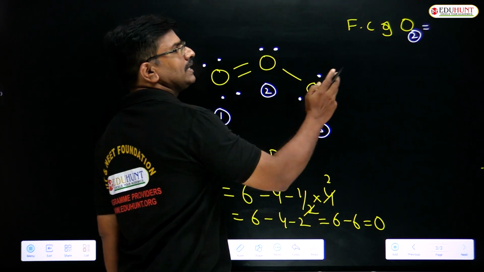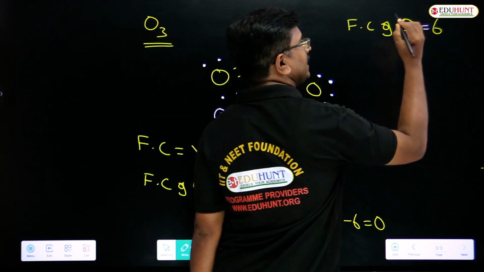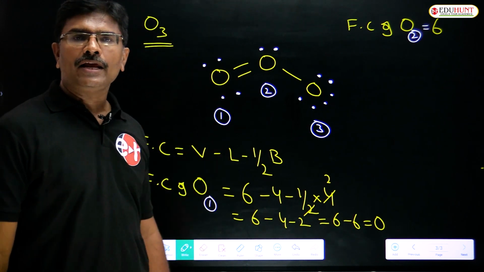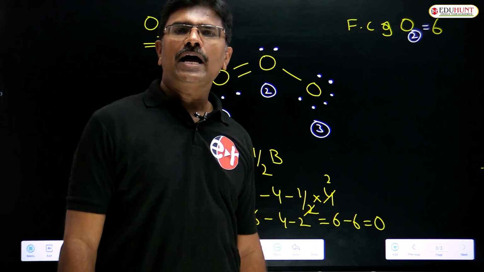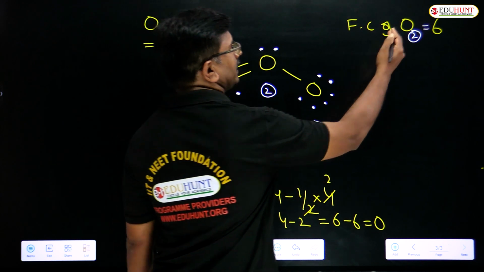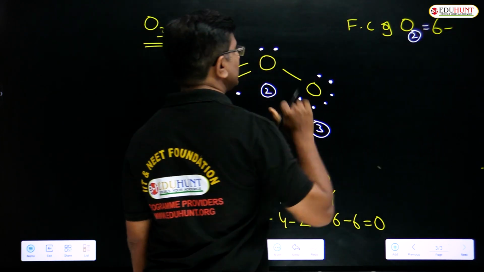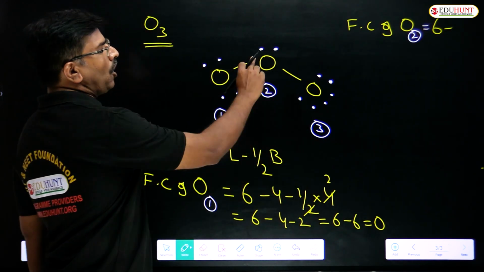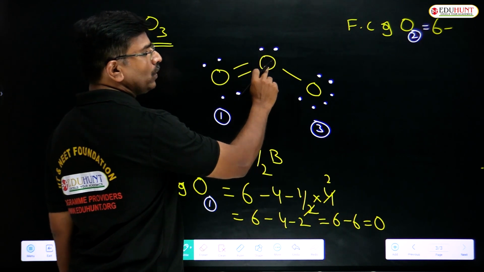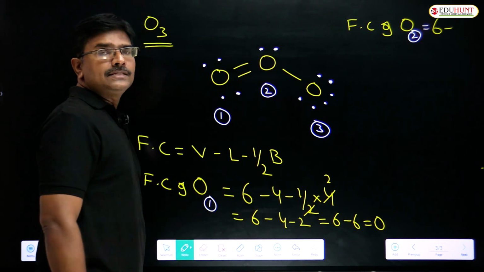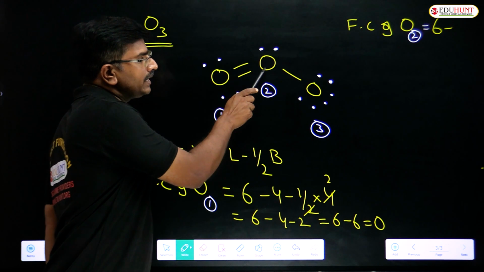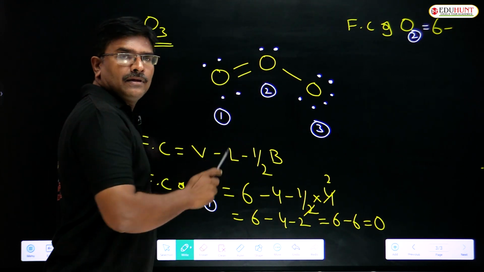This oxygen's valency has 6 electrons. Any oxygen atom in its valency will have 6 electrons, so that is a fixed value in this calculation. So minus how many electrons are there in lone pairs around this oxygen? Please observe, all of you. This oxygen has one lone pair.